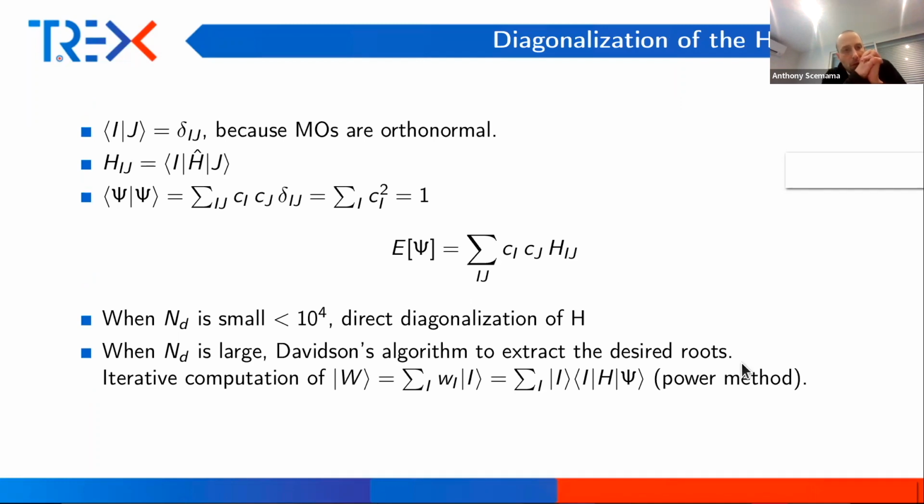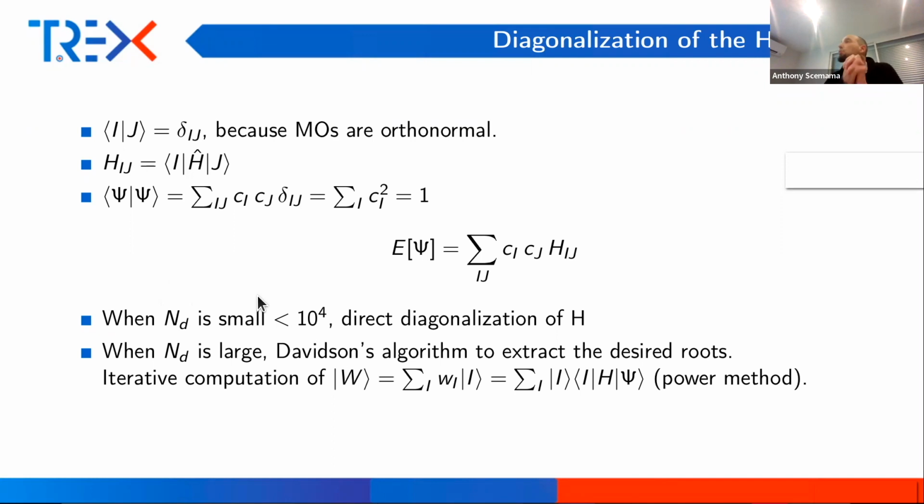So to obtain this energy, we'll need to diagonalize the Hamiltonian in this basis of Slater determinants or CSFs. So we will have to write these matrix elements H_IJ. And so this diagonalization will be possible.